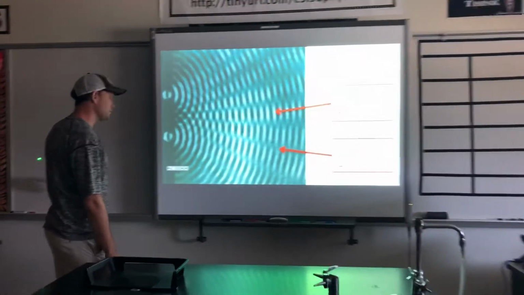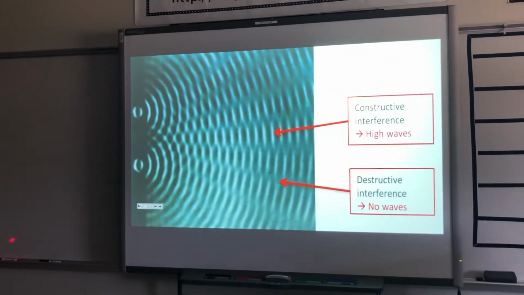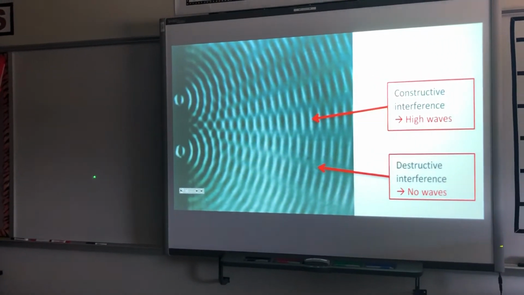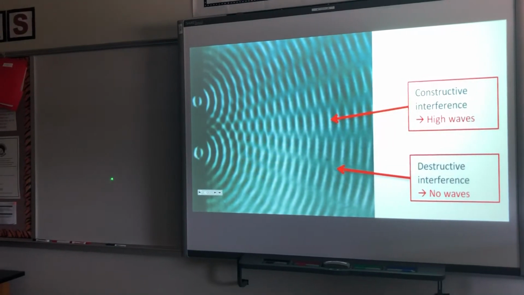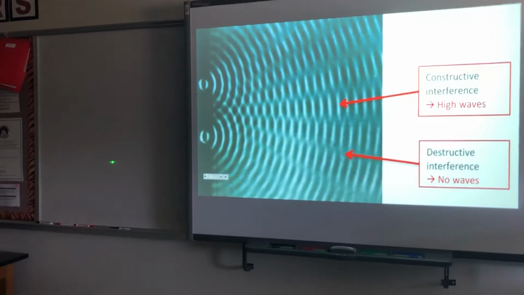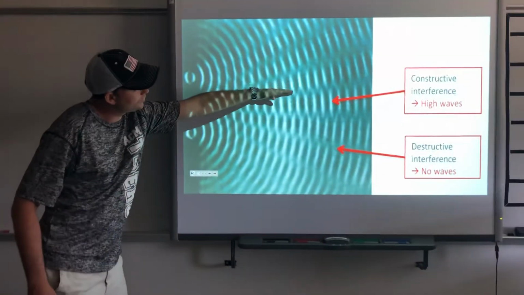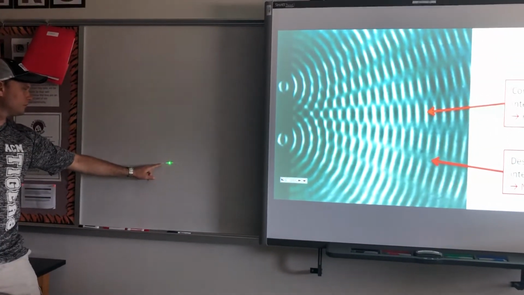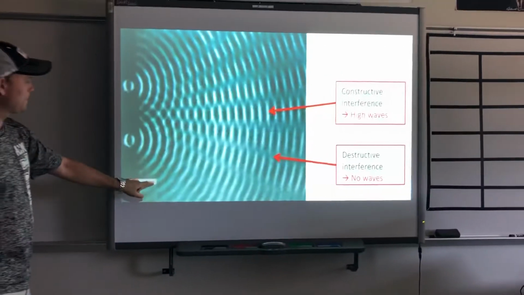So with the slits here, you had constructive interference and destructive interference. So you have the water waves, constructive, destructive. You have the light, constructive, and then you see the gaps. That's where the waves are destructively interfering.